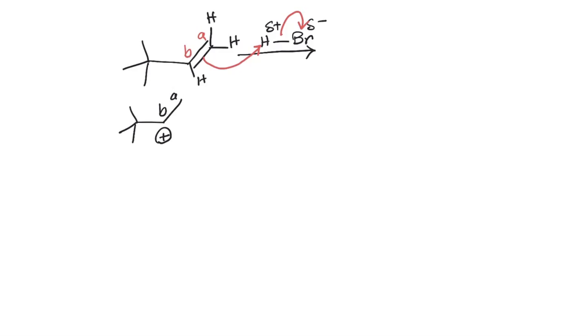Now, when there is a carbocation, what is possible? Rearrangement, right? Good. So I can shift this methyl group over there, and the secondary carbocation becomes a tertiary carbocation.